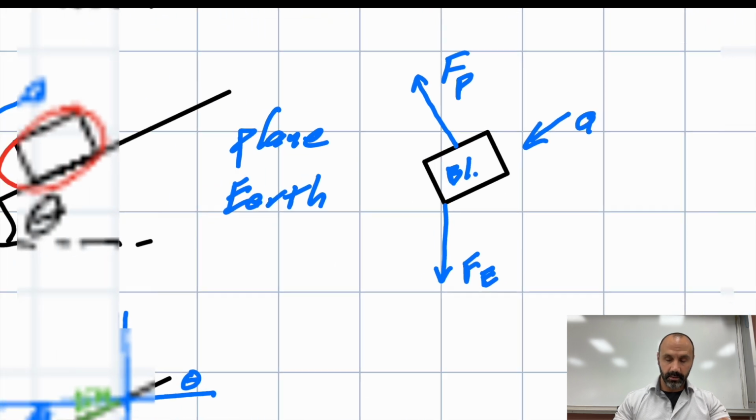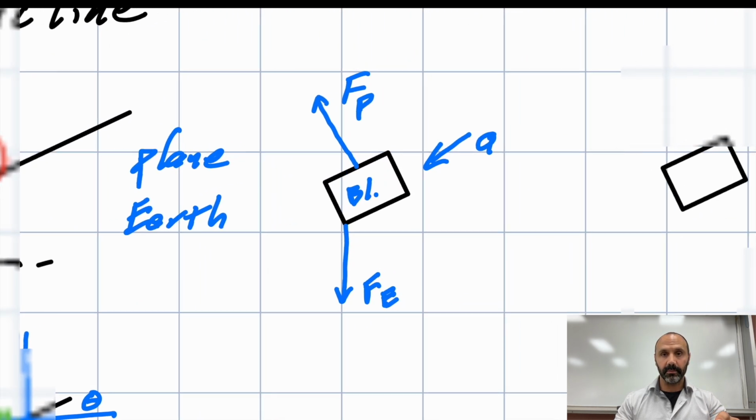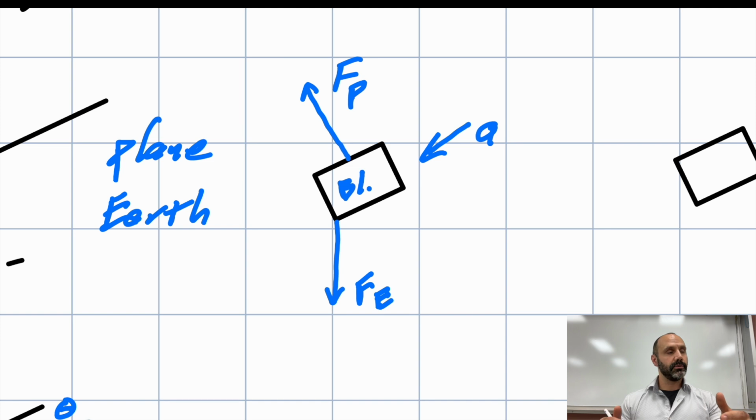Okay, now why do I need to do that? I need to do that because if I'm going to use Newton's laws to analyze this, then I have to have everything either perpendicular or parallel to the acceleration. You can't just add up forces that are in different directions and then somehow put them into Newton's second law. In Newton's second law, you have to analyze everything parallel to the acceleration.